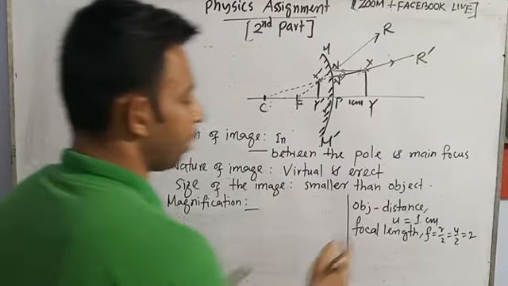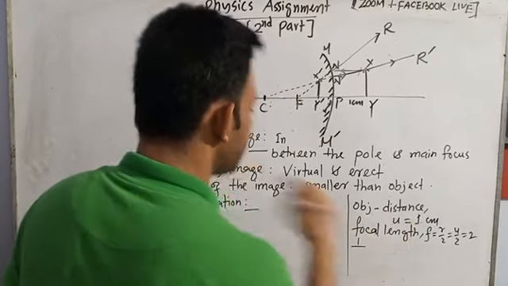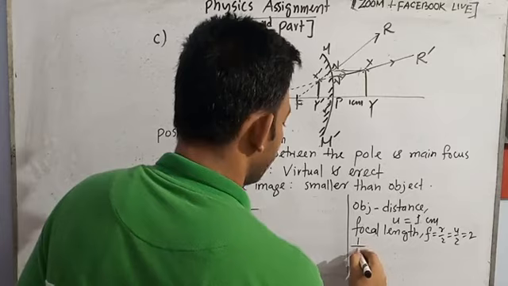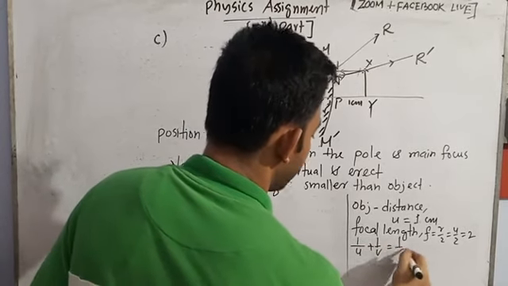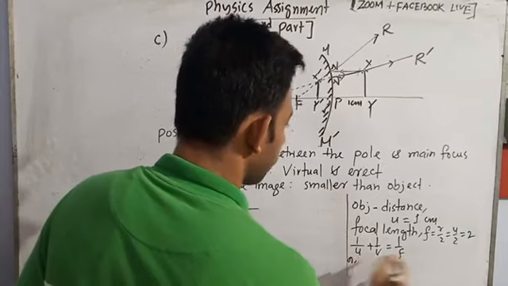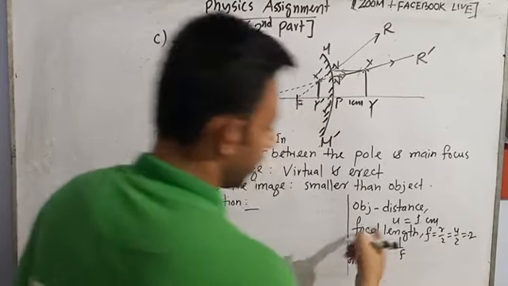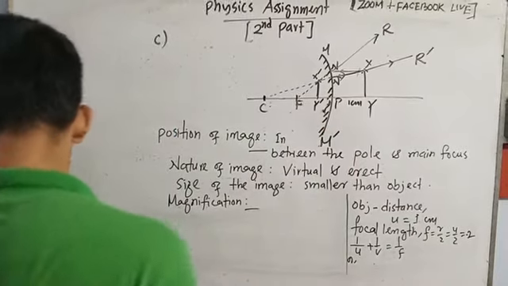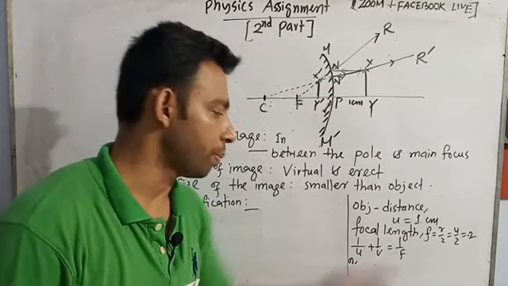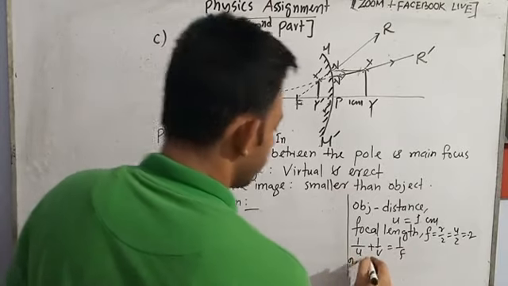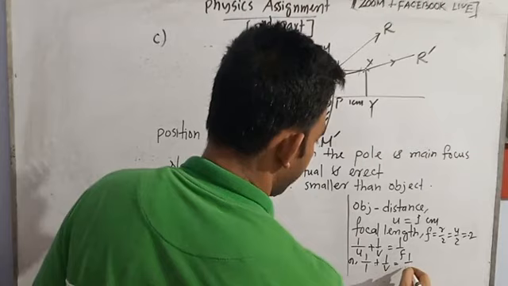And we know then the image distance. How can we find it? 1 by u plus 1 by v equal to 1 by f. Since it is a convex mirror, the focal length would be a negative value. So it is 1 plus 1 by v equal to 1 by minus 2.